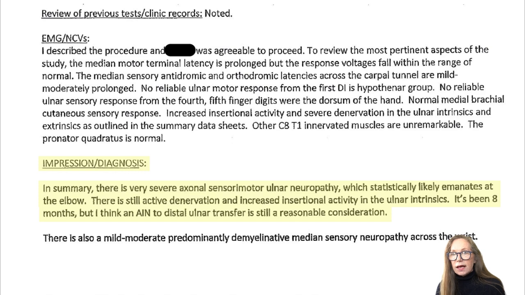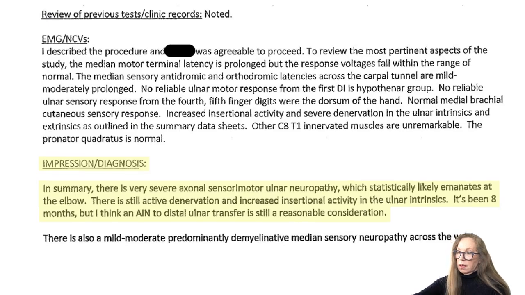It likely is at the elbow. There's still active denervation. There's increased insertional activity, and you'll see us talk about the importance of that insertional activity being active. It's been 8 months, so that's a while outside that 3 to 6 golden month period. But I think an AIN to distal ulnar nerve transfer is still a reasonable consideration.